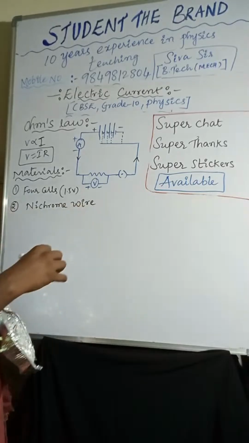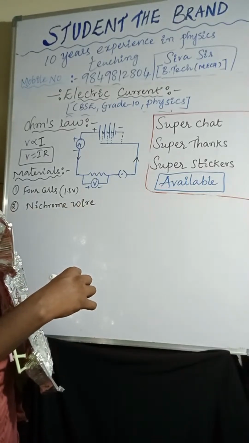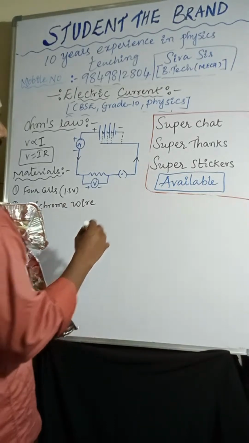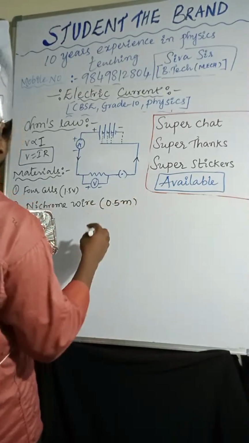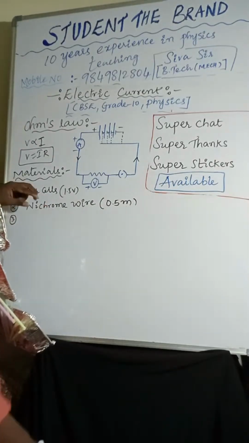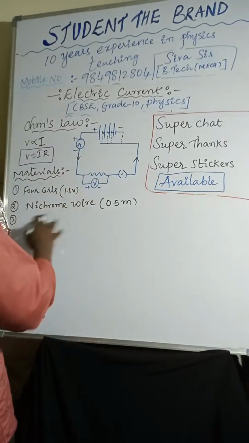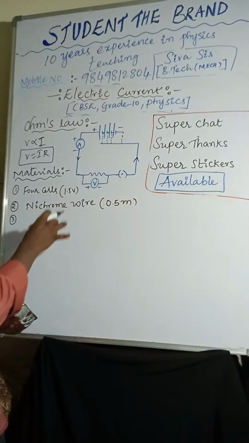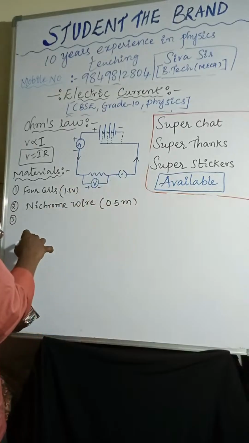Nichrome wire is an alloy of nickel, chromium, manganese and iron metals, of 0.5 meter length.